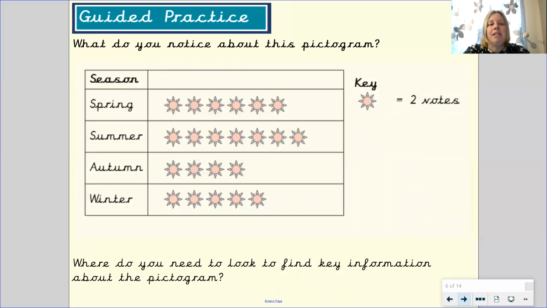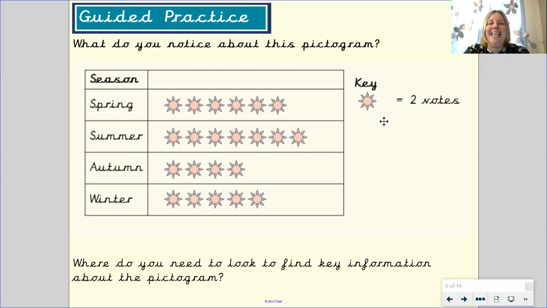What do you notice about this pictogram? Let's look at this together. We've got the season. So we're looking at the different seasons. We've got spring, summer, autumn, and winter. Then we've got some pictures to represent something.